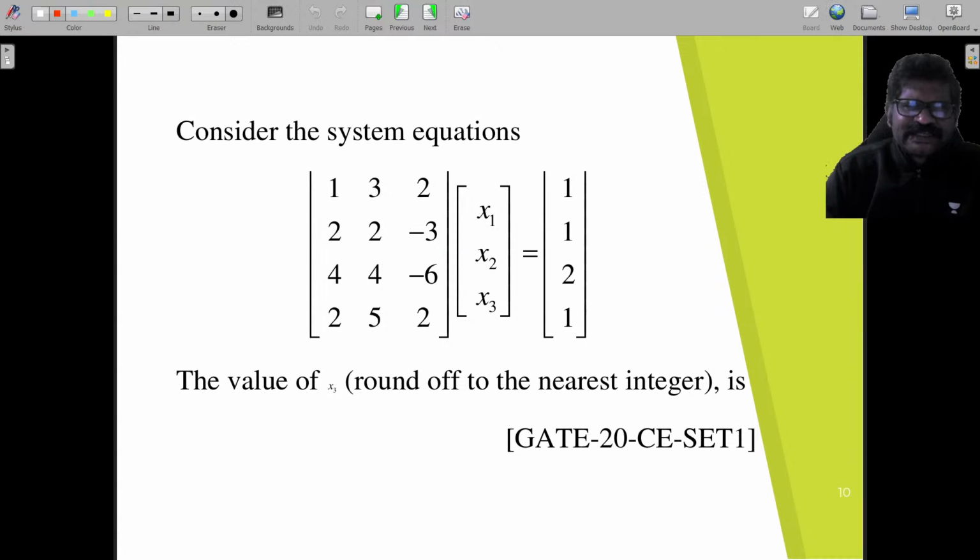Next, consider the system Ax equal to B. The value of x3 is, we have to find the value of x3. Now consider the augmented matrix AB, because it is a non-homogeneous system. Consider the augmented matrix AB.